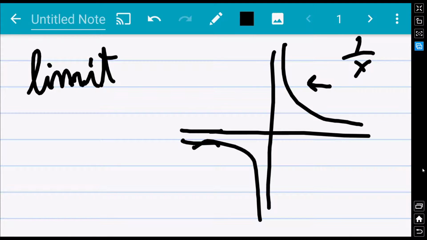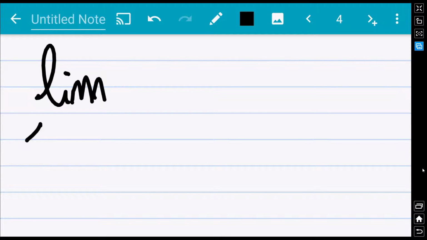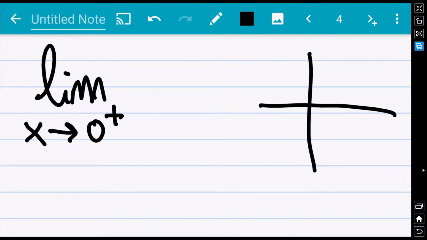Because if we go back here, we are going to negative infinity here and positive infinity if we go from the right. So what do we have here then? We have this notation that is lim, and then x approaches, let's say, 0, and we have this notation that says from the right is plus, because we say that our right is plus and our left is minus.